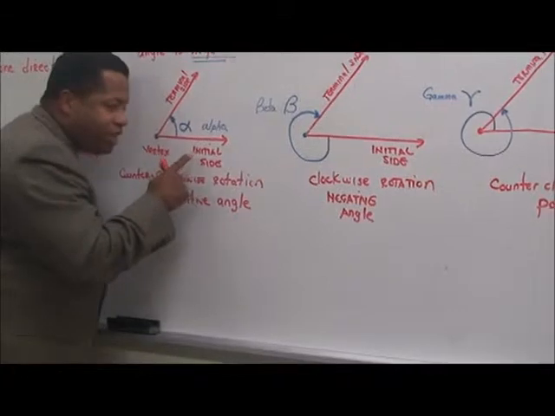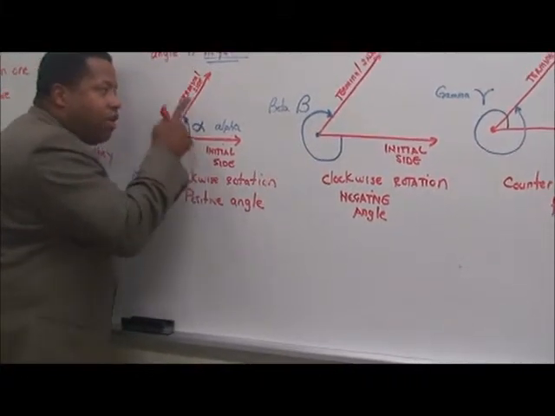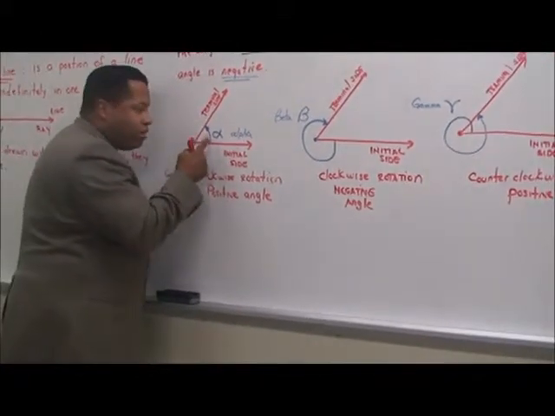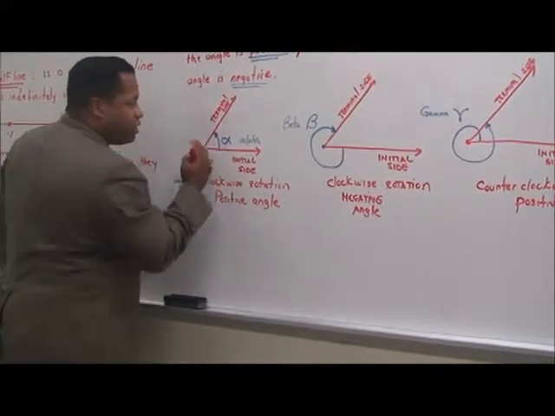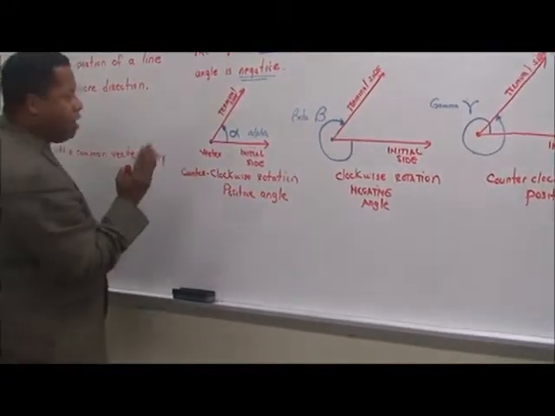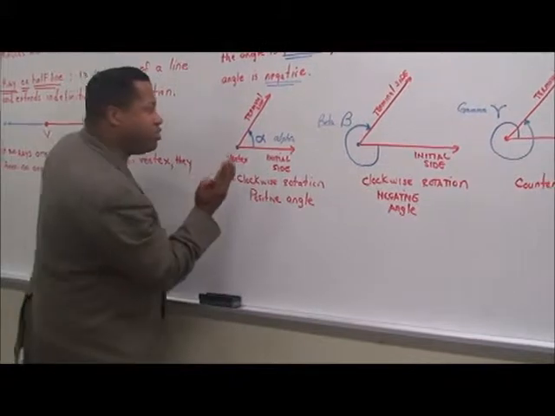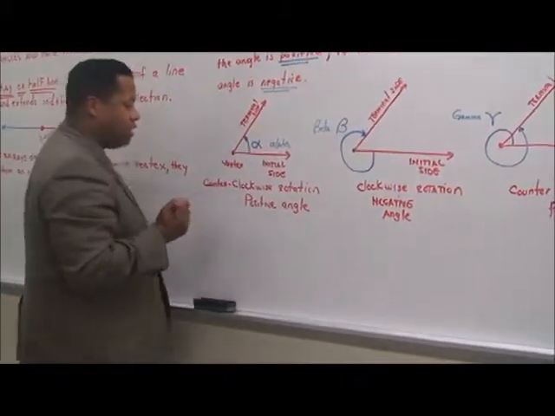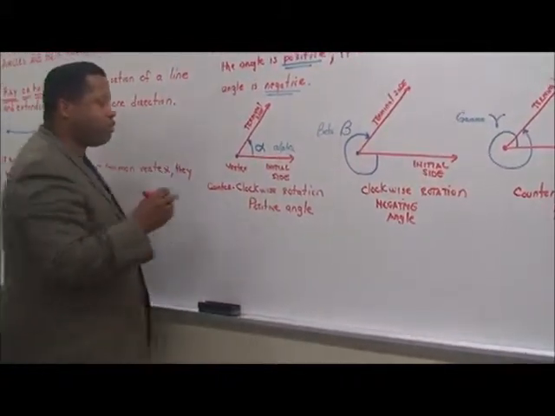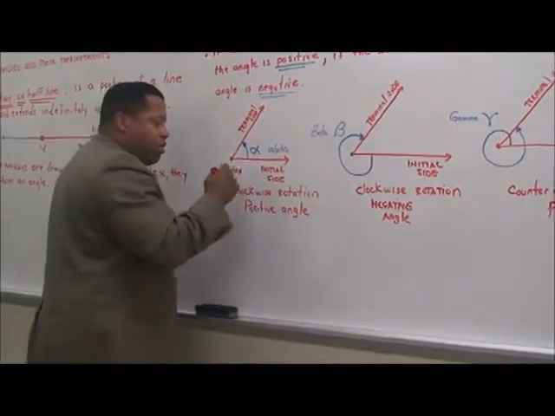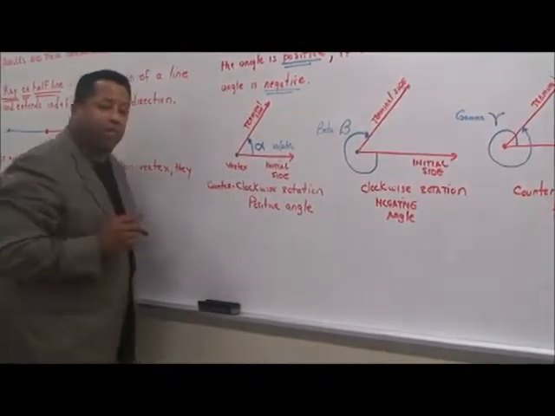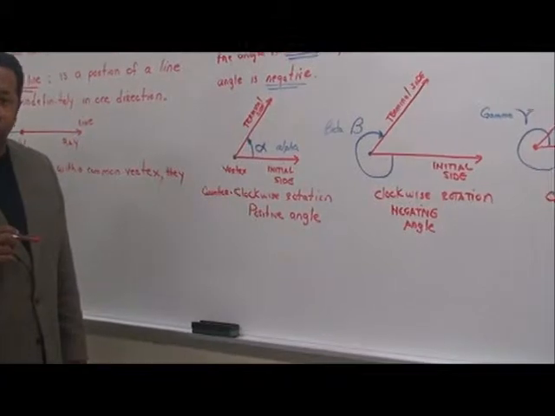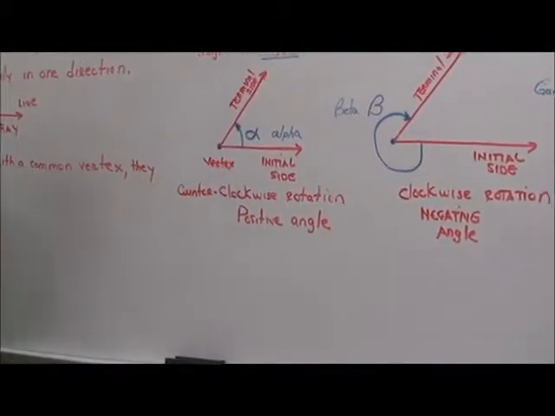Then we talked about the initial side here and also the terminal side here. As you notice, this is going in a counterclockwise motion this way, and counterclockwise rotation denotes a positive angle. This is alpha as a positive angle. Do you see this?